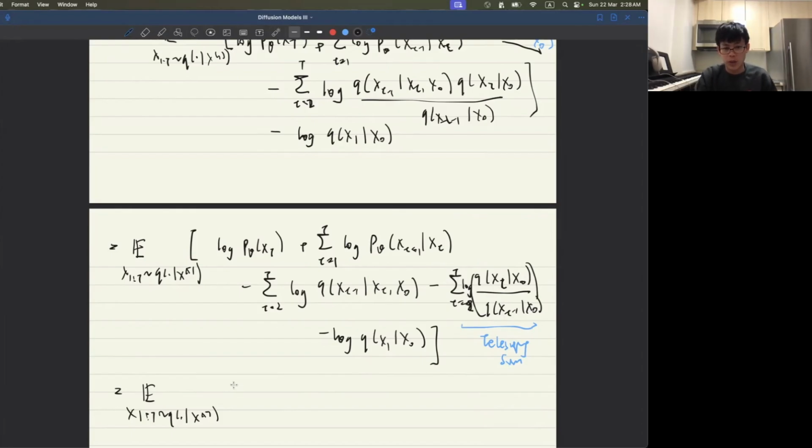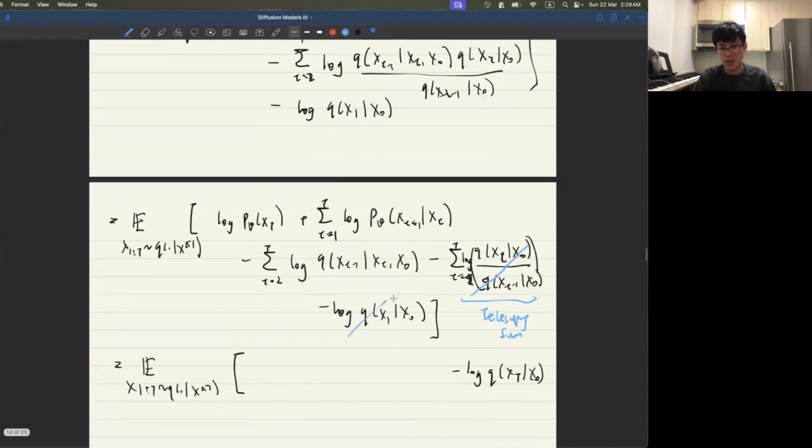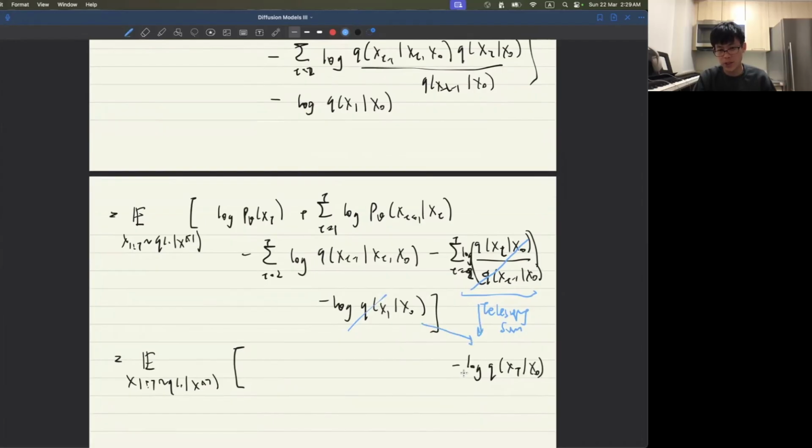So what we will get over here is only the last numerator and the first denominator will remain. So we get something like minus log q xt given x0, where the t is the capital T, plus q of x1 given x0. But that precisely cancels off with these terms, right? So these two terms become just minus log q xt given x0.